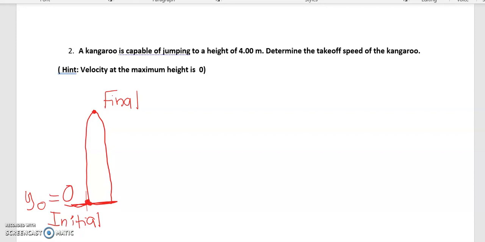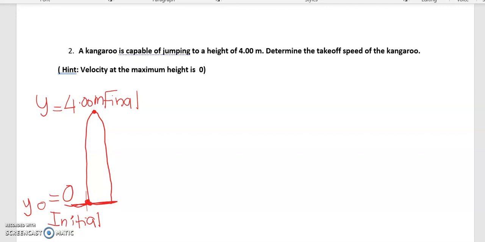Why? Because remember I said I always take the bottom level as 0, the ground level. It starts at ground level and it jumps up to 4 meters above ground. So the final y position, y, is equal to 4 meters.